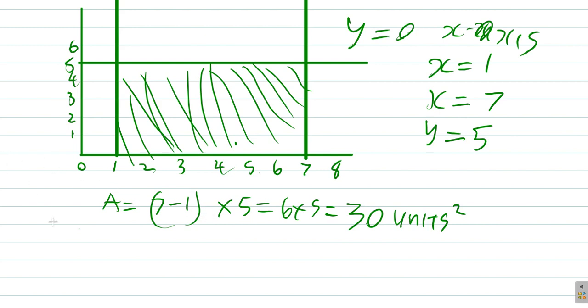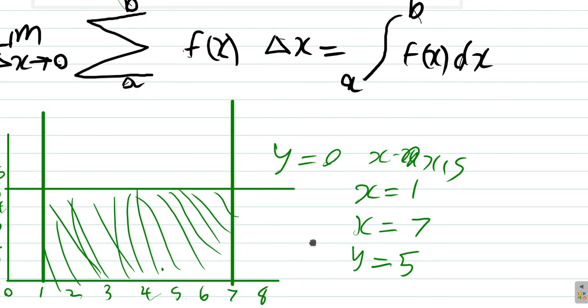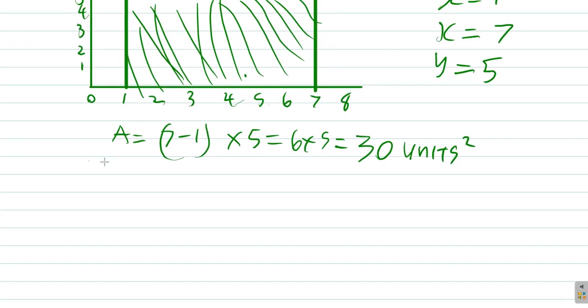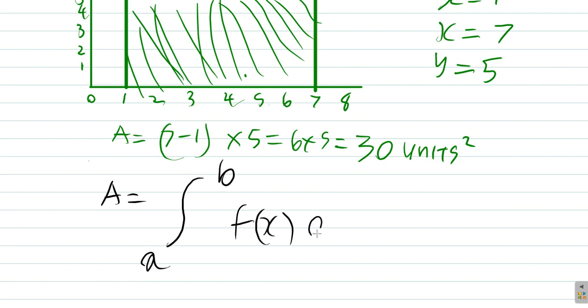But anyway, suppose we now try integration. Let's see what we have. It's the integral from a to b of f of x dx. So our area is equal to the integral from a to b of f of x dx. Alright? Now, this means the integral from a, in this case, a would be 1, b would be 7.